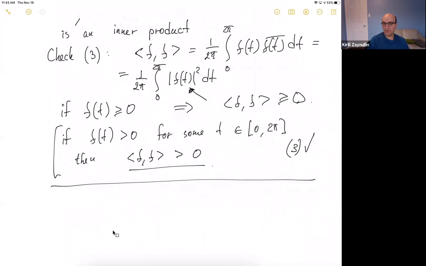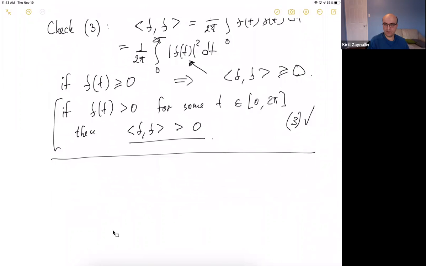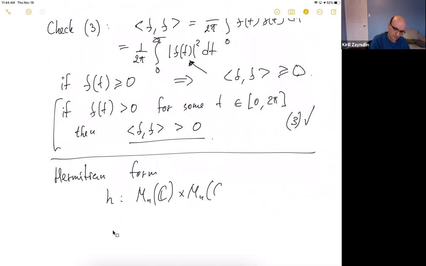There are plenty of other examples, so let me also mention the following one. Remember that there was an example of an Hermitian form for matrices, H from Mn(C) times Mn(C) to C. How was it defined?